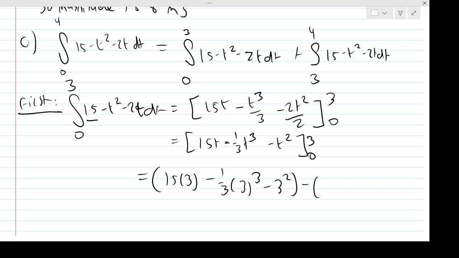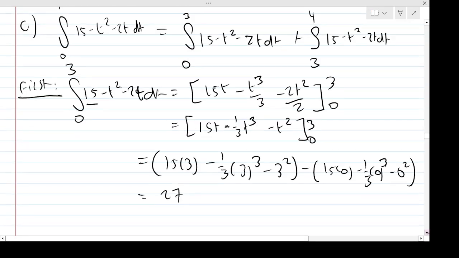Then plug in 0. And so doing that, we get 27.